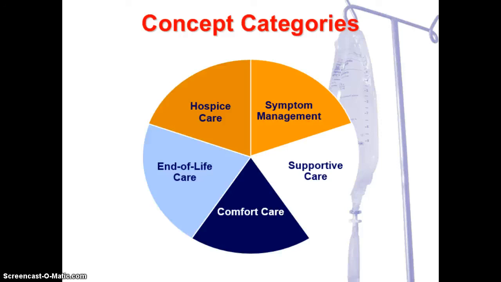So supportive care goes right along with symptom management, and we need to take an interprofessional approach, so involving other members of the healthcare teams, so the physicians, therapists, PT, OT, ST, social workers, caseworkers, clergy.